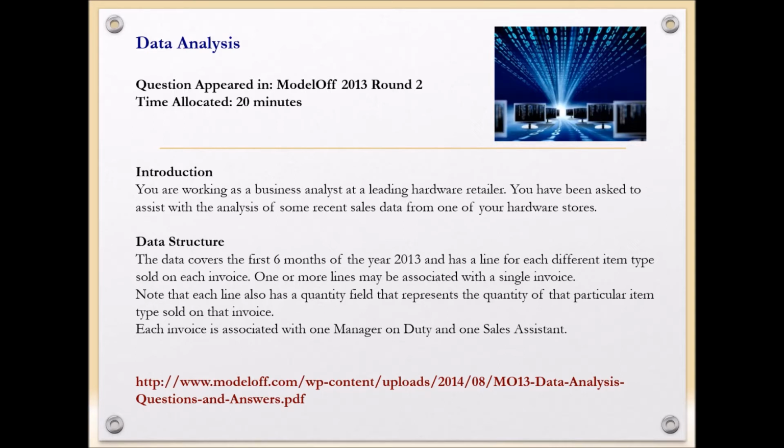One or more lines may be associated with a single invoice. Note that each line also has a quantity field that represents the quantity of that particular item type sold on that invoice. Each invoice is associated with one manager on duty and one sales assistant.